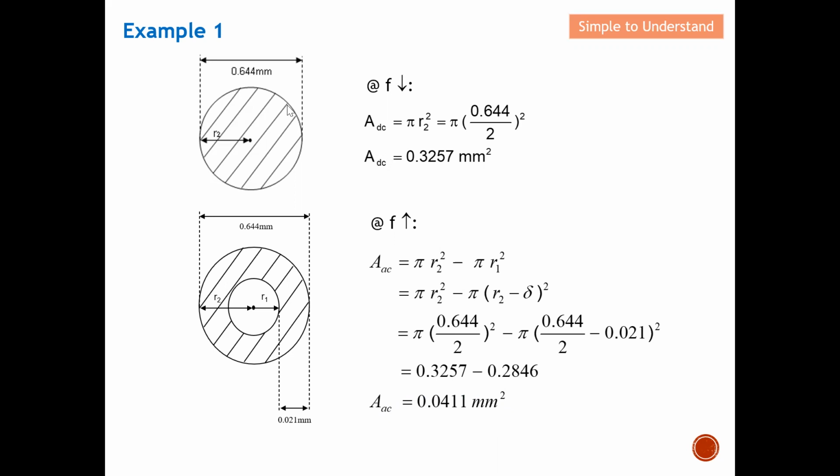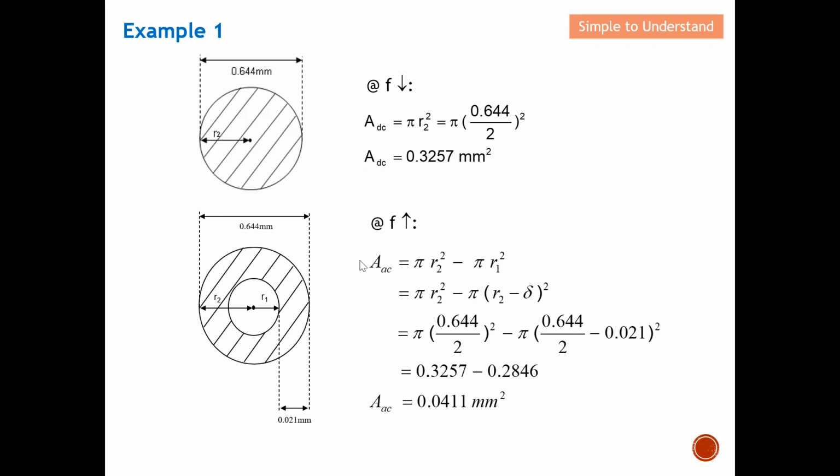Under the DC, the charges are evenly distributed, so the whole area is used to carry the charges. At higher frequency, they prefer to flow at the edge, and therefore the area under the AC is typically much smaller compared to the area under the DC.